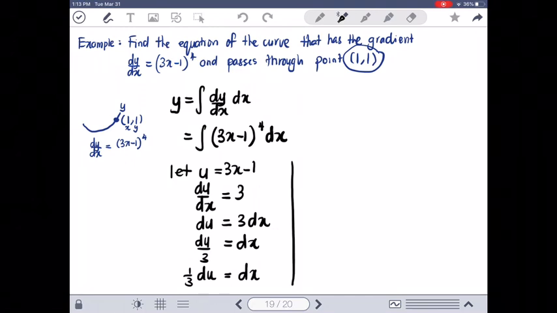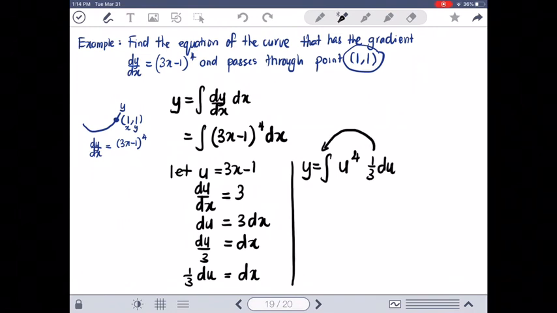Once we find our dx, we substitute into this equation. So y equals the integration of u to the power of 4, and dx becomes 1 over 3 du, so times 1 over 3 du.